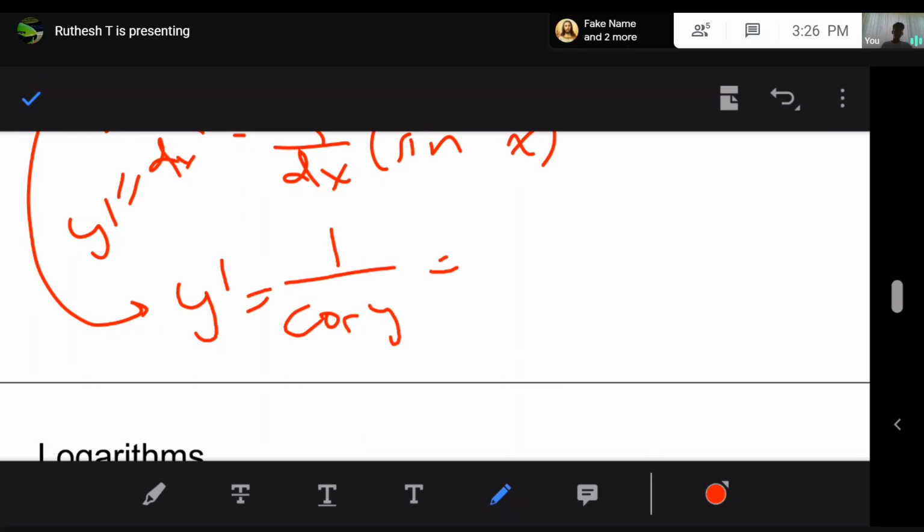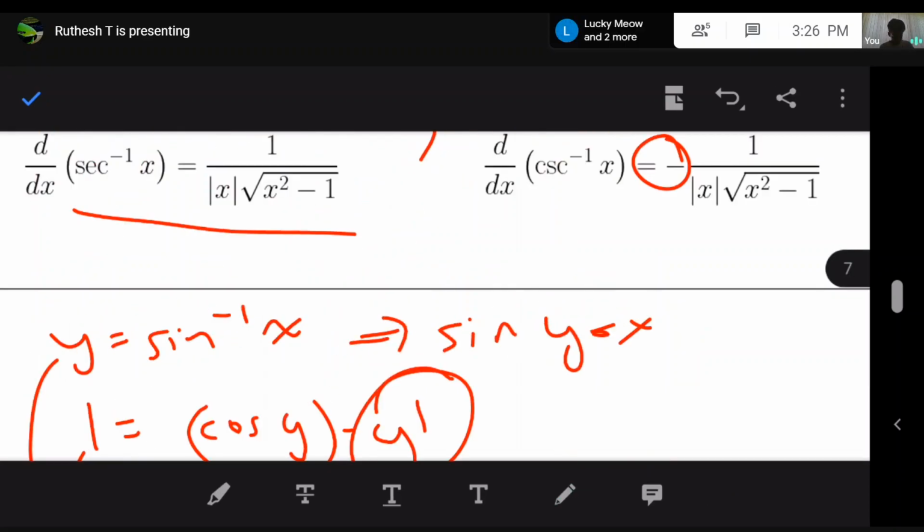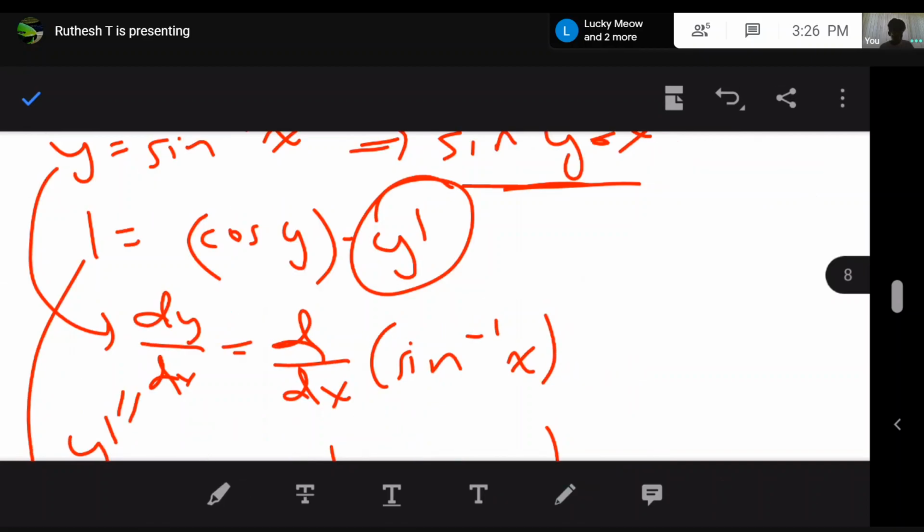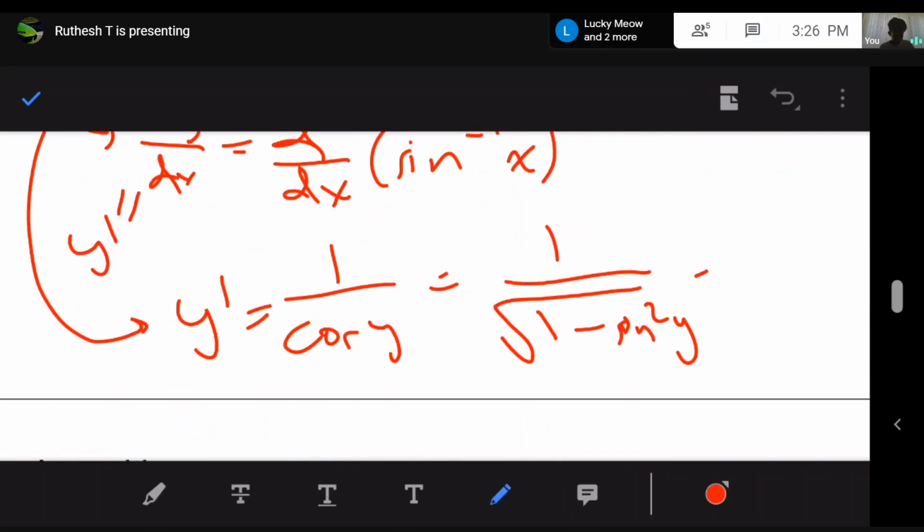And by the Pythagorean identity, we know that sine squared plus cosine squared is 1. So we can rewrite cosine y as the square root of 1 minus sine squared y. And then from up here, we know that sine y is x. So we just substitute. We get 1 over square root of 1 minus x squared, and we're done.